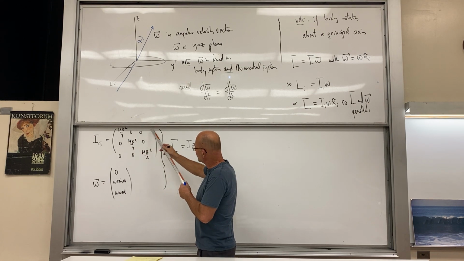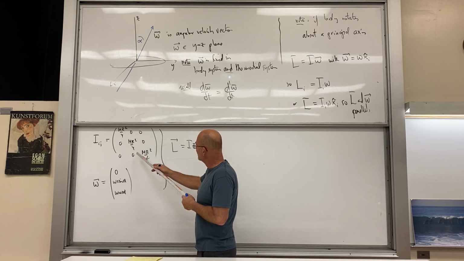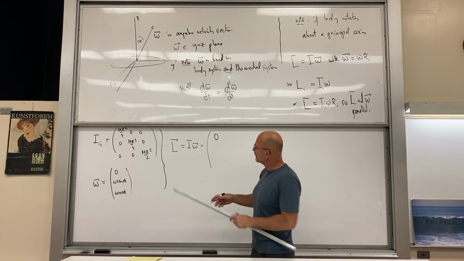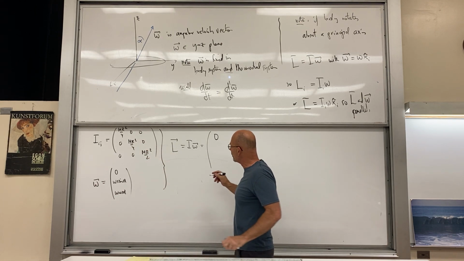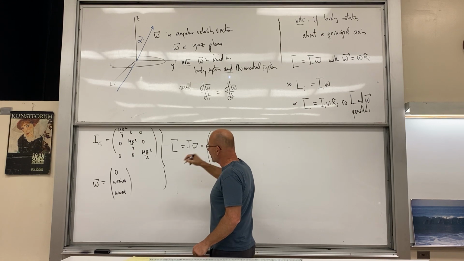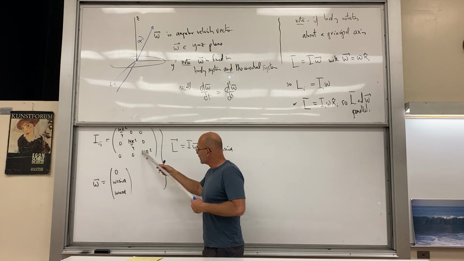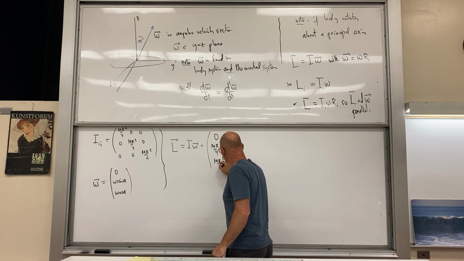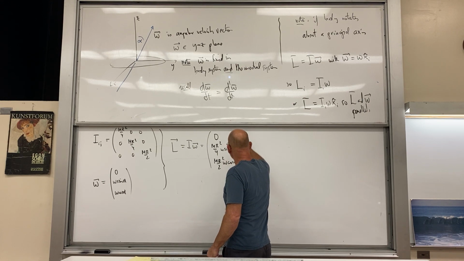Pick off the first row, first column, and then second row times column, and third row times column. So first row times column is 0 times 0. Second row times the column, we get the mr squared over 4 omega sine alpha. And third row times the column, we get mr squared over 2 omega cos alpha. Okay, agreed.